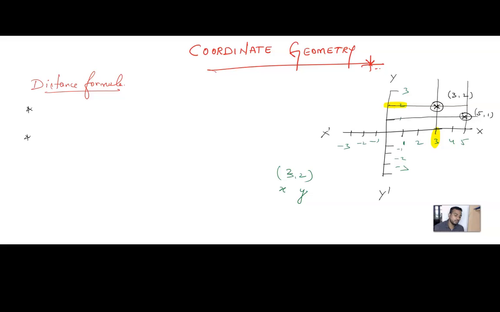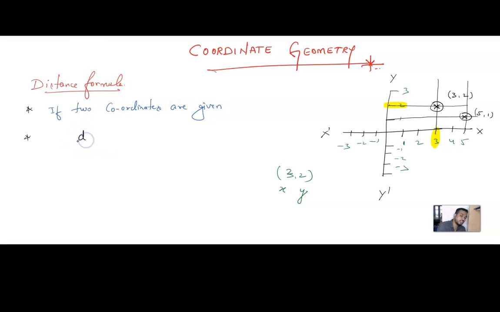So I told you that we have two conditions in the distance formula. If two coordinate values are given in the problem, then we use the formula.